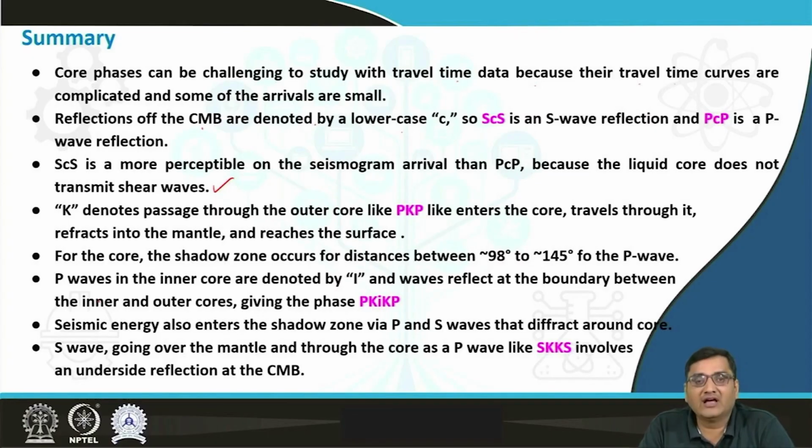P waves in the inner core are denoted by capital I, and waves reflecting at the boundary between the inner core and the outer core give the phases PKiKP. Seismic energy also enters the shadow zone via P and S waves that diffract around the core. We have talked about it in the slides previously. An S wave going over the mantle and through the core as a P wave, like SKS, involves an underside reflection at the core mantle boundary.